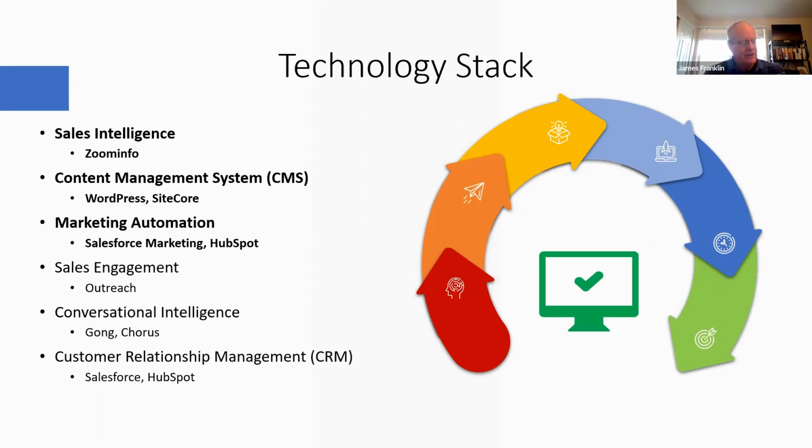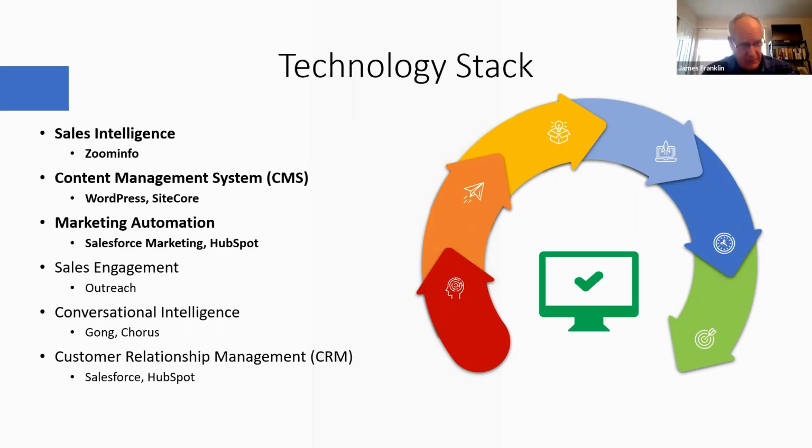So as you look at evaluating these technologies, that takes some time and effort, and there's costs associated with that too, right? But I would highly recommend that you have some of these core components just for the marketing, right? The sales intelligence, the content management, and the marketing automation.